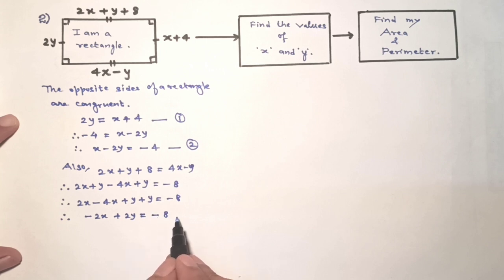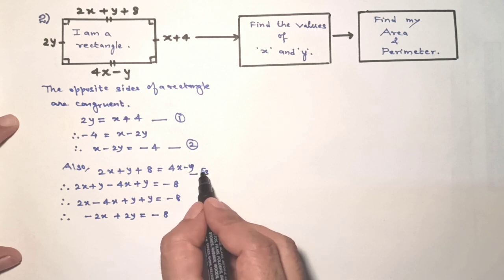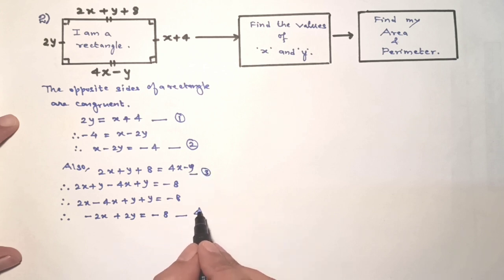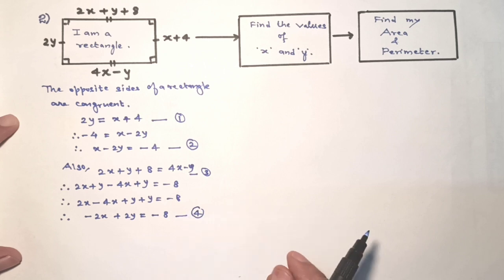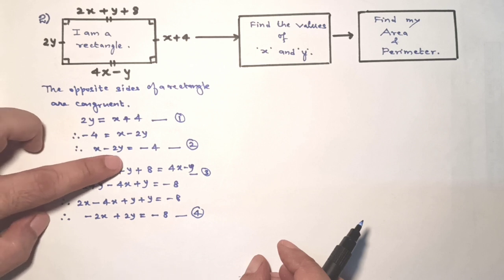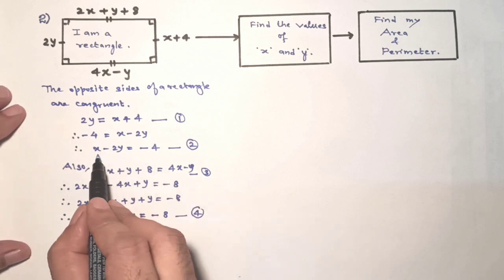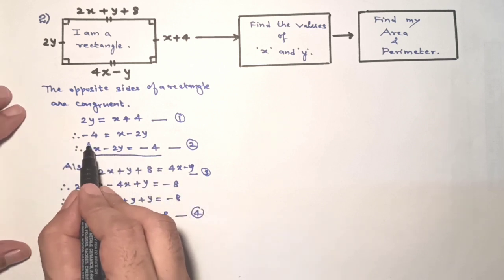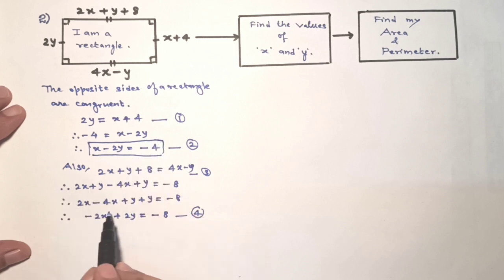This is your next equation. If you say this is your third equation, this is the fourth simplified equation. Now you see x minus 2y is equal to minus 4, which is your equation, and the second is this.